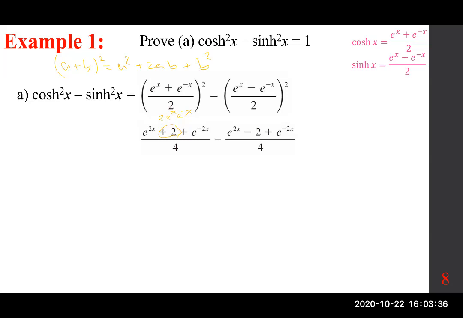So I'm using that identity. When I square this one it becomes e to the power of 2x. Now 2 times the first times the last becomes this. E to the power of x and e to the power of minus x give us e to the power of 0, which is 1, so 2 times 1. And then this one to the second power is this, the rest follows.